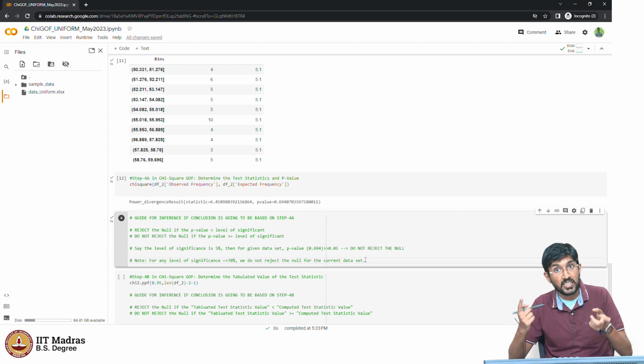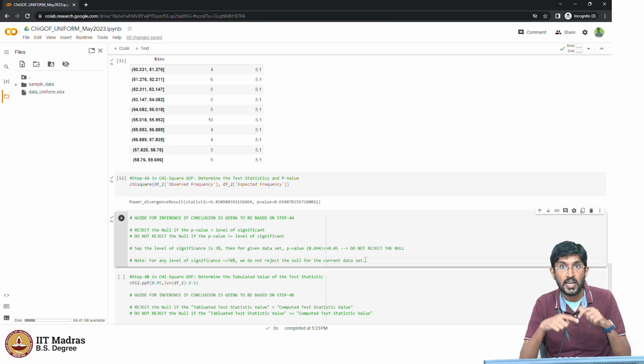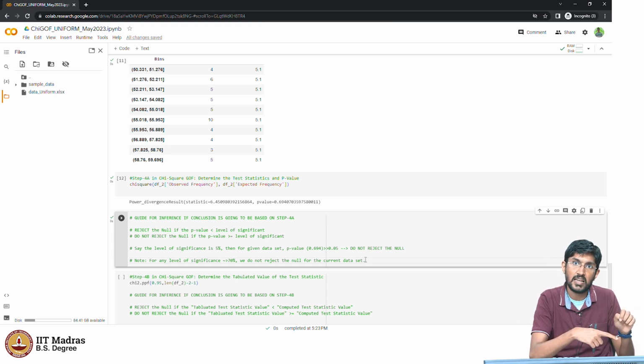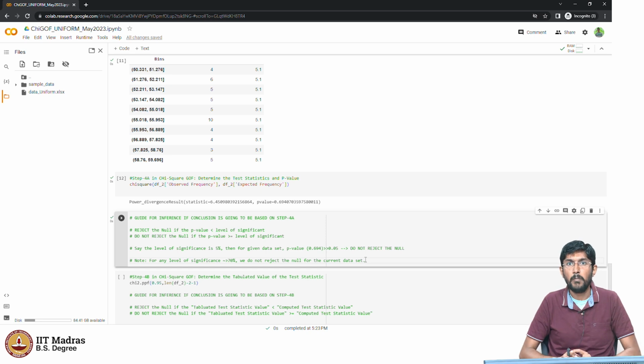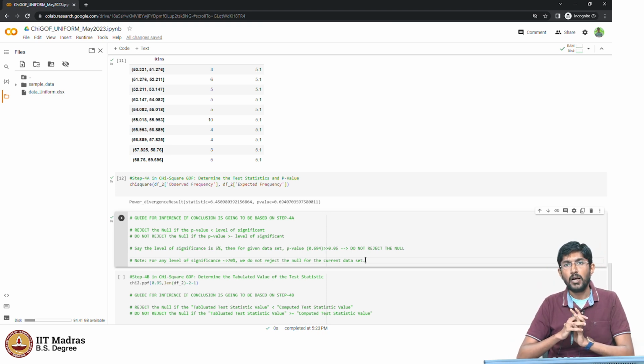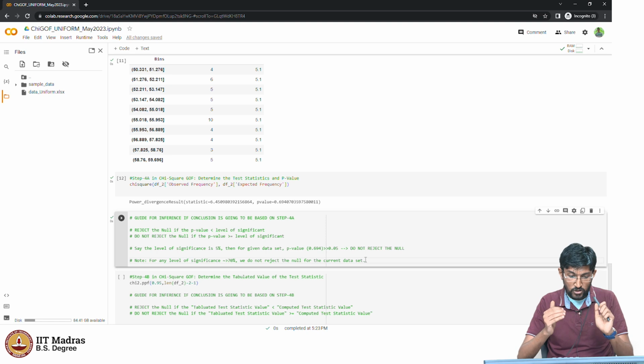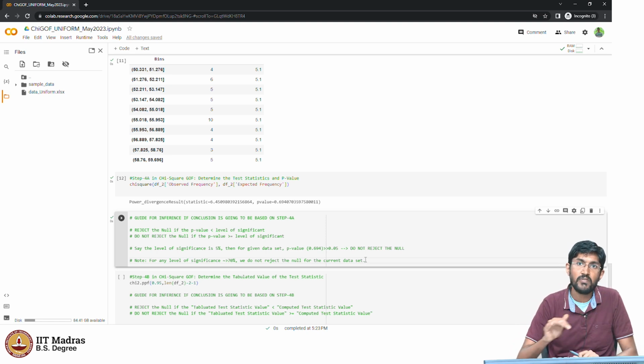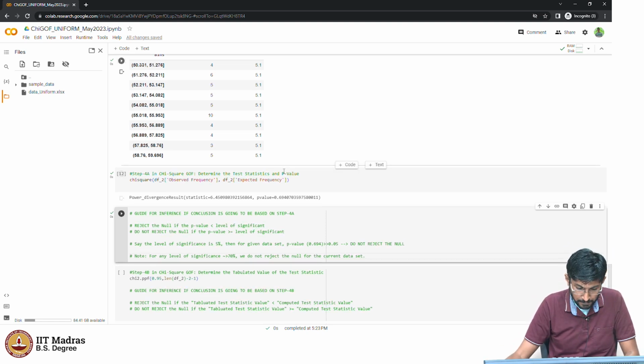Tomorrow if a data set changes, again I will have to do a p-value test and conclude and then arrive at a significance level, but given this sample, up to a level of significance of 70% or 0.7, I would not reject the null at all, and up to that level I would say that the population is indeed following a uniform distribution. So that is the added advantage that you get when you do a p-value test.